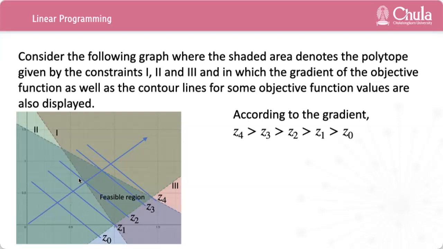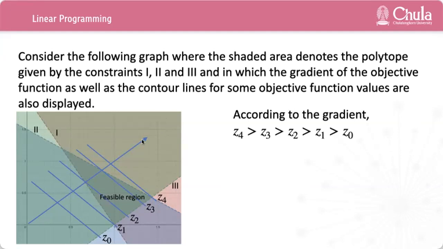If we want to maximize, we move along this direction as far as possible. But of course, the feasible region limits us, because the solution must be in the feasible region. So in this case, the optimum point is here, because this is the farthest we can go in the gradient direction of the objective function.